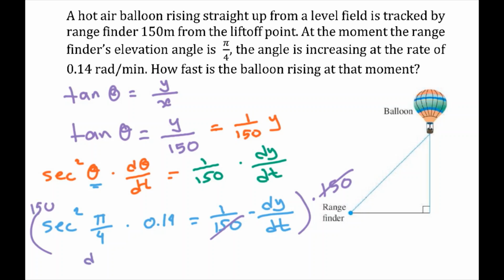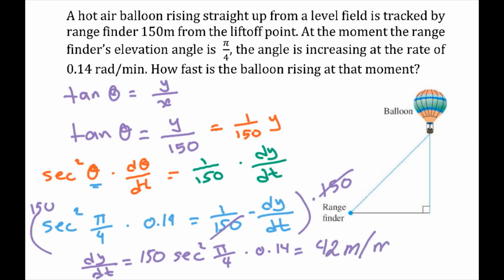So dy over dt will be equal to, if you put all of this in the calculator, 150 multiplied by secant squared of pi over 4, multiplied by 0.14, you will end up with 42 meters per minute.